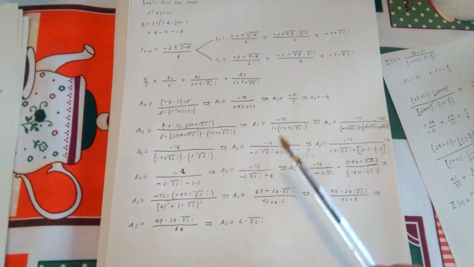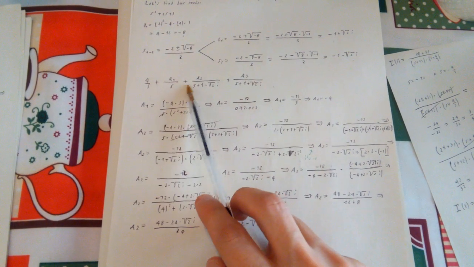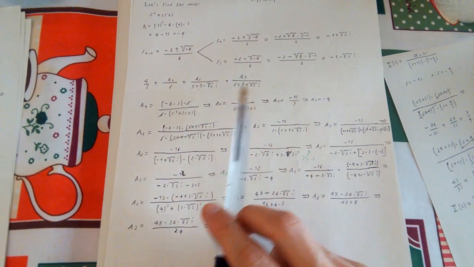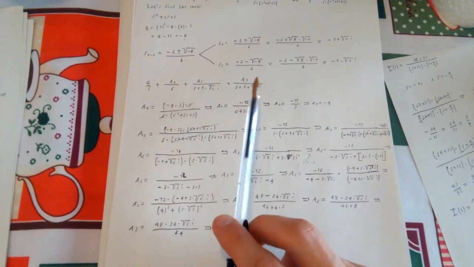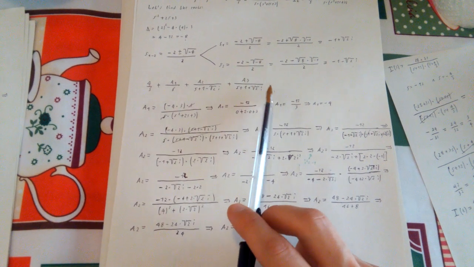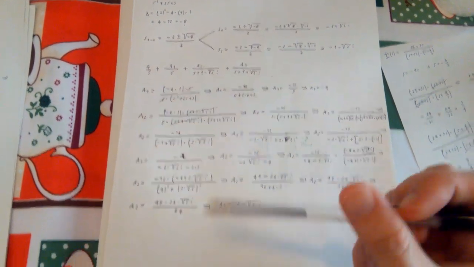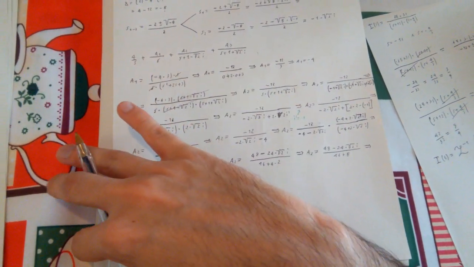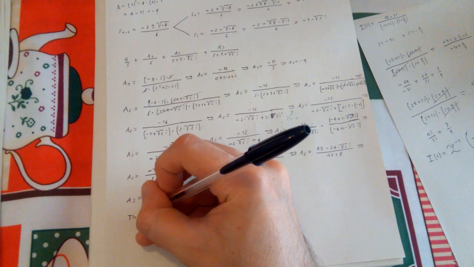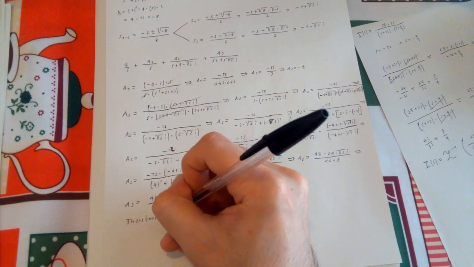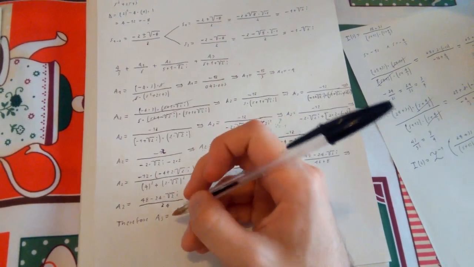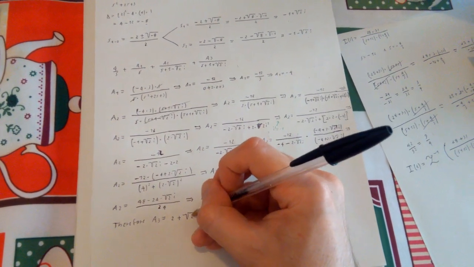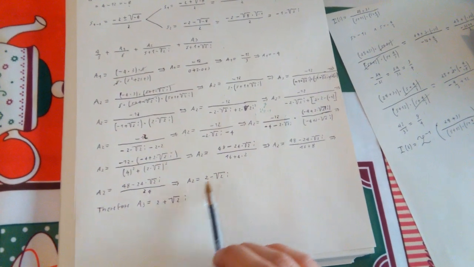But I'm just gonna tell you that every time you get those two complex roots, and you gotta find the poles, they're always gonna be conjugate between each other. So we can just easily say, okay, so therefore a3 is just 2 plus square root of 2i, because it's the conjugate of this one.